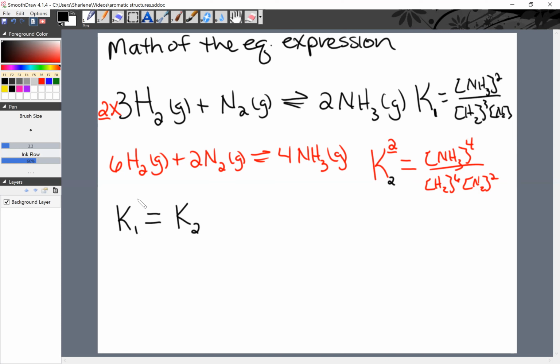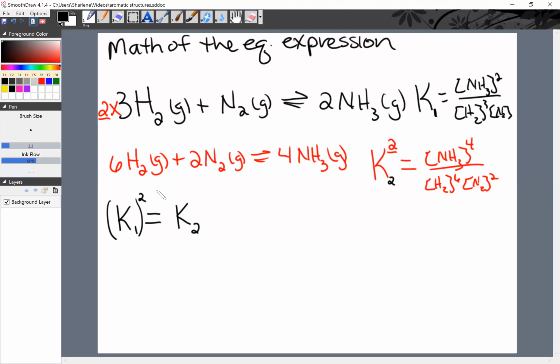So K2 is equal to that squared. Now, again, I know that's not making much sense right now. I just want you to see the relationship between them. The K values are just being manipulated because I'm doing something to the coefficients, but they mean something, okay? And they're related. So let's try another one.